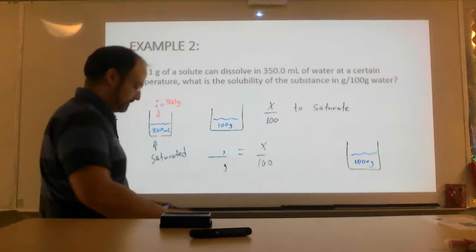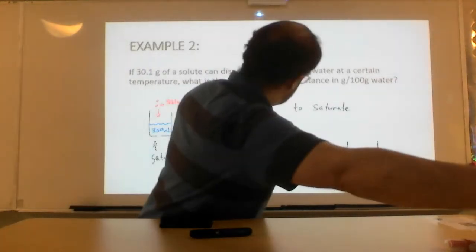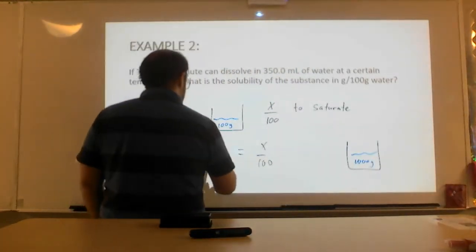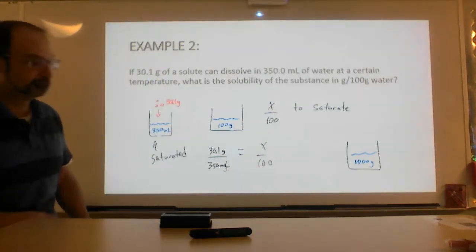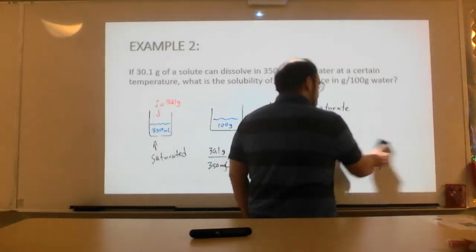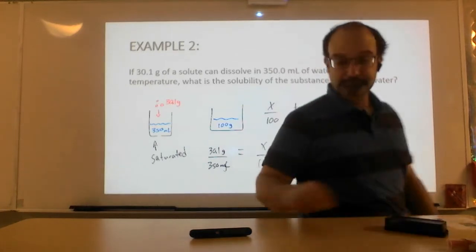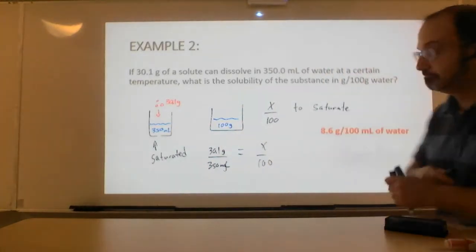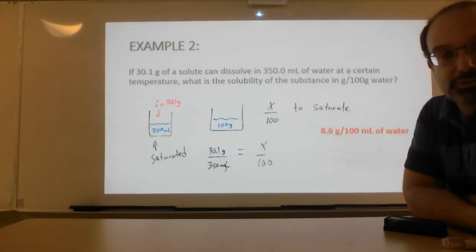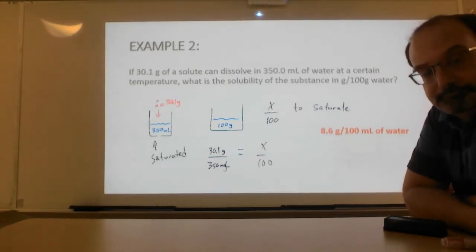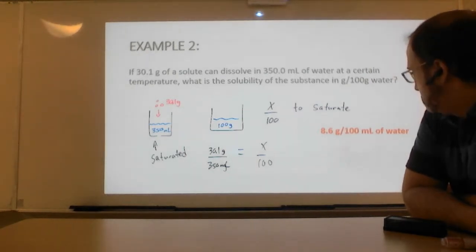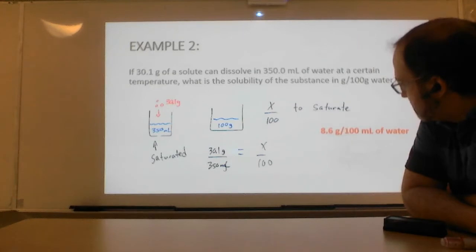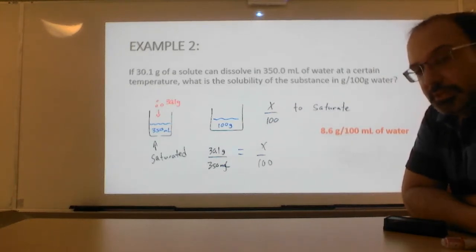This is still 100, this one here is 350, and this one here is 30.1. We put it all together, and what do we get? 8.6 grams for every 100 grams of water. So if I had 200 grams of water, it'd be 8.6 times 2, 17.2. Hopefully I did my mental math right.